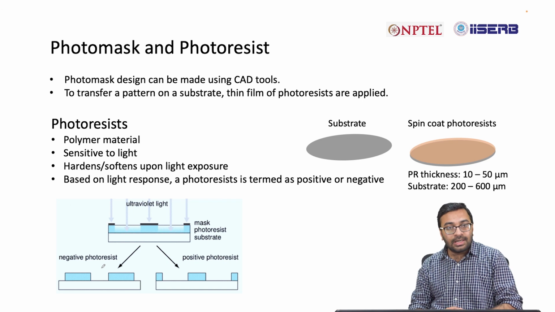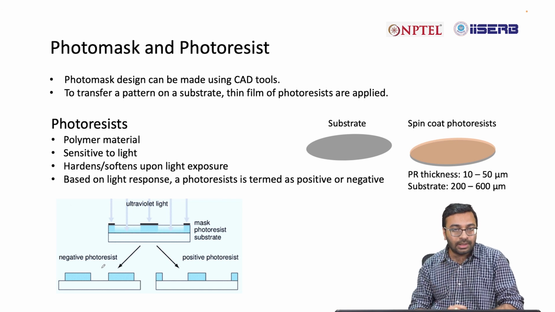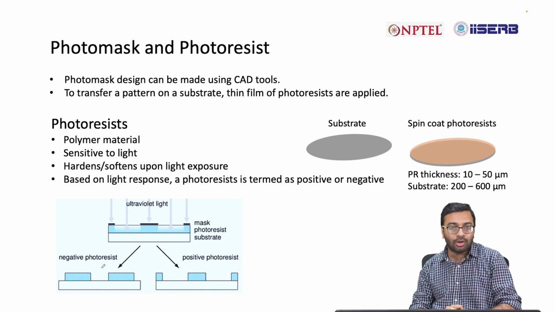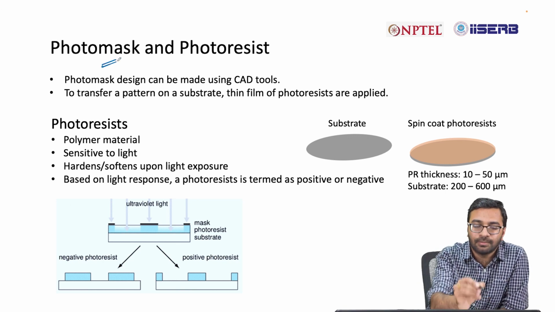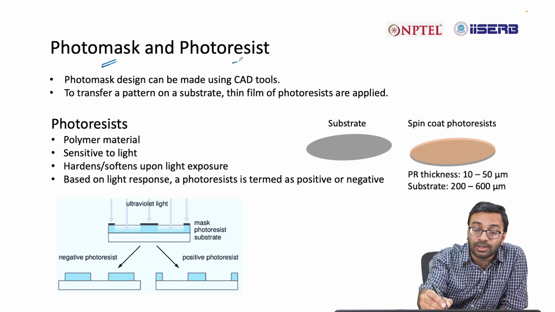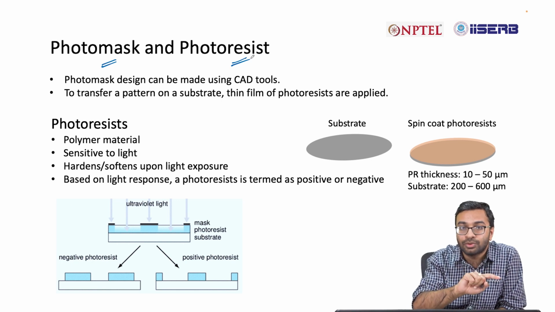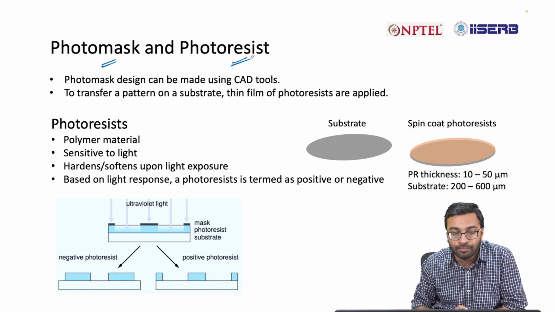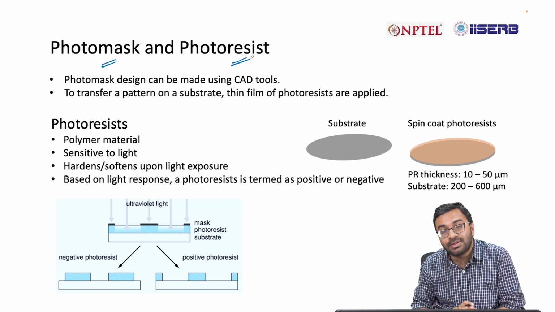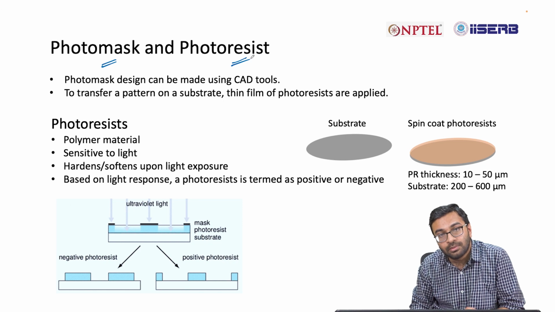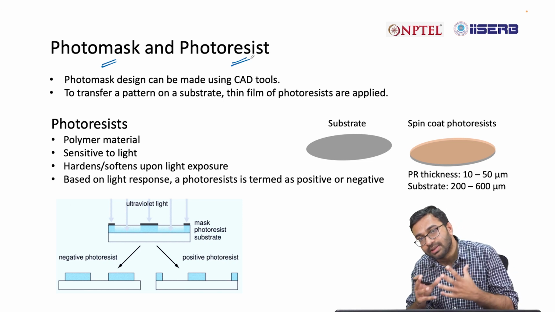So, in this case we have two different components. One is the photomask and the other is the photoresist. Photoresist is the polymer that we used on top of the substrate, right. Photomask design can be made using a CAD tool. We have different computer aided design tools.